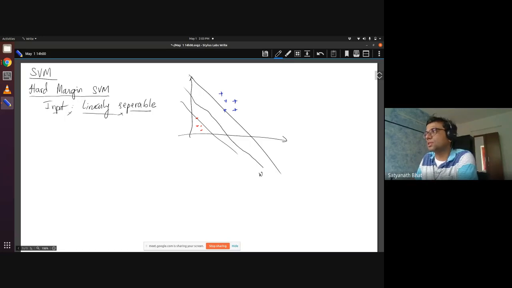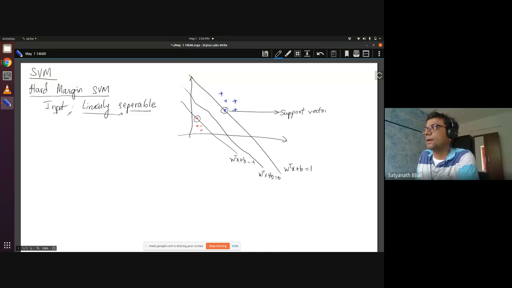So this is W transpose X plus B equal to 0. This is W transpose X plus B equal to 1. This is W transpose X plus B equal to -1. So these are all the three hyperplanes, and the points that are on the margin are called the support vectors.